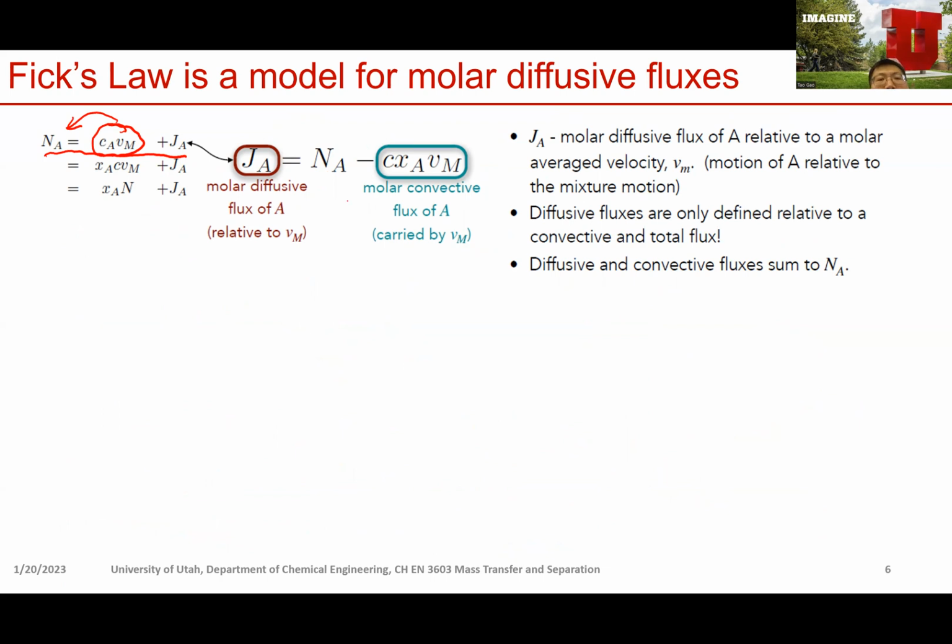From this equation, what we can tell is that the molar diffusive flux is first of all the difference between the total flux and the molar convective flux, right? And this diffusive flux is only defined relative to this convective flux and the total flux.